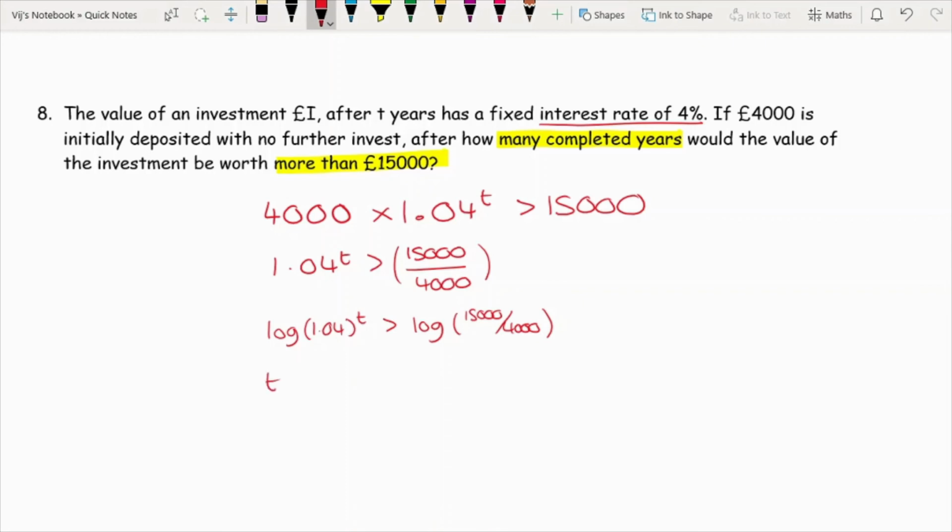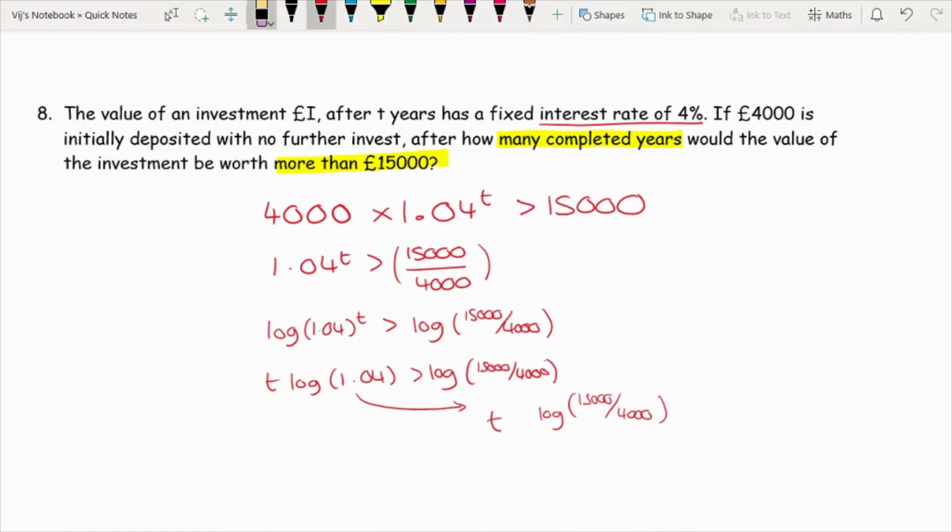Then I can take the t to the front, so I get t times log of 1.04 is greater than log of 15,000 over 4,000, and then I take the log 1.04 over to the other side, so I get t equals log of 15,000 divided by 4,000. I've made a mistake there, but not a big one.